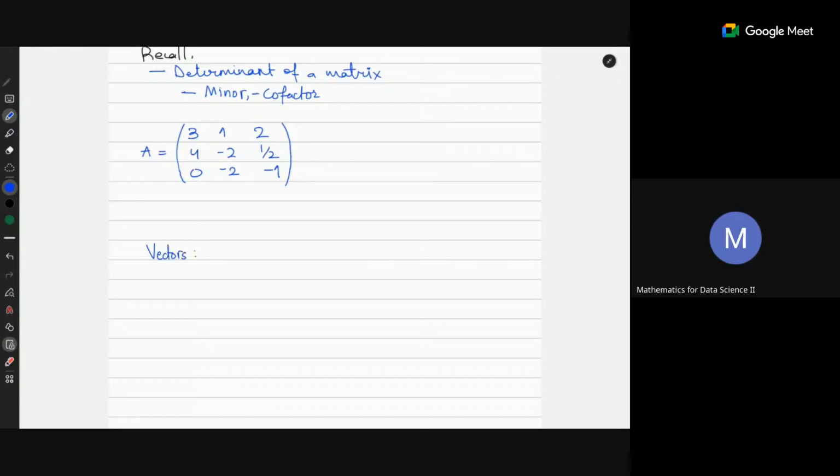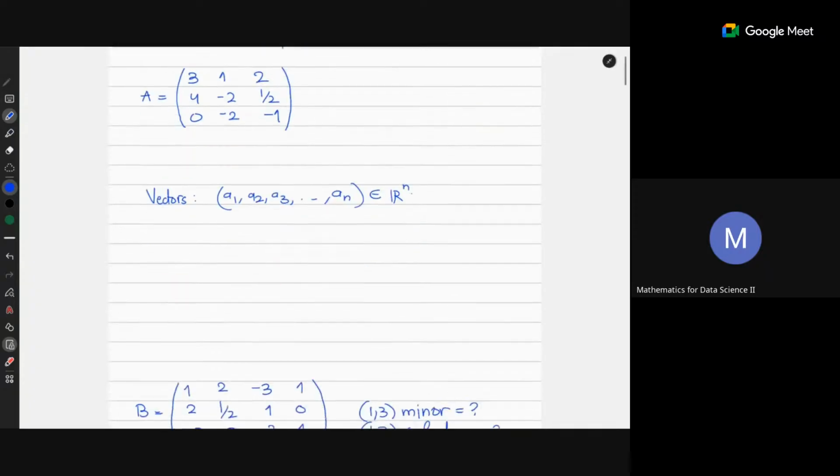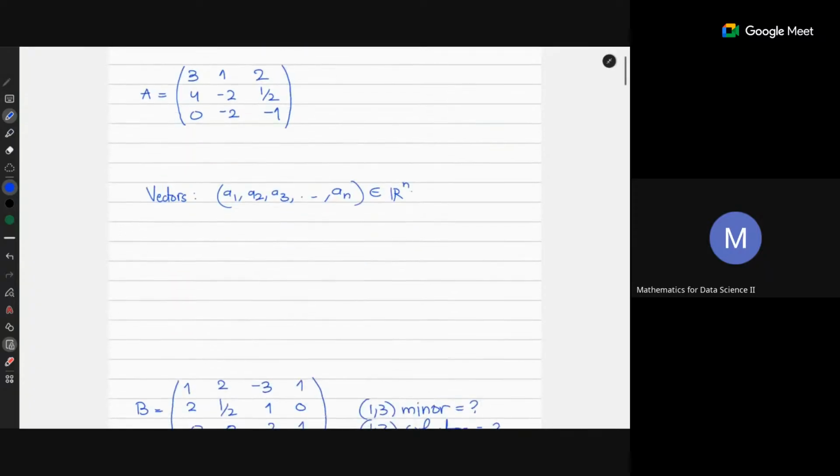Vectors are of this type. This is a general representation of a vector in Rn. And in case of R2, this is a vector, and this is a vector in R.